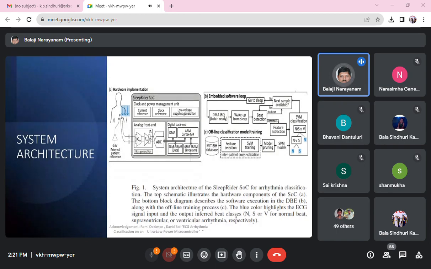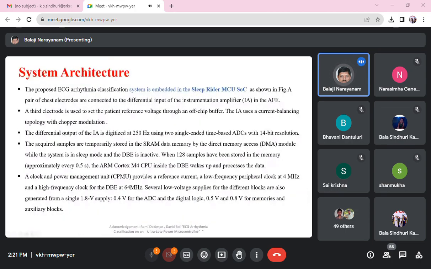N is for normal beats, S for supraventricular, and V for ventricular arrhythmia. Arrhythmia is a kind of heart anomaly. Normal, as we all know, has no anomaly, whereas S and V are the anomalies, particularly the arrhythmia anomalies we are referring to here.